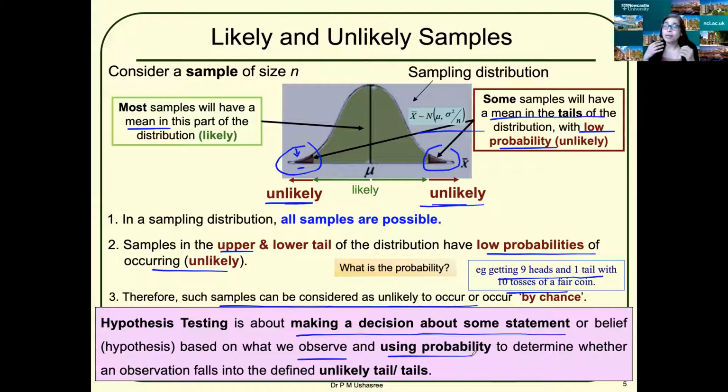So by using probability to determine whether an observation falls in the defined unlikely region, you can calculate the probability to show the statistical evidence to see whether you will accept a hypothesis or reject the hypothesis. So if it lies in this unlikely region, the red region, based on that, we're going to decide whether to accept the hypothesis or reject a hypothesis.